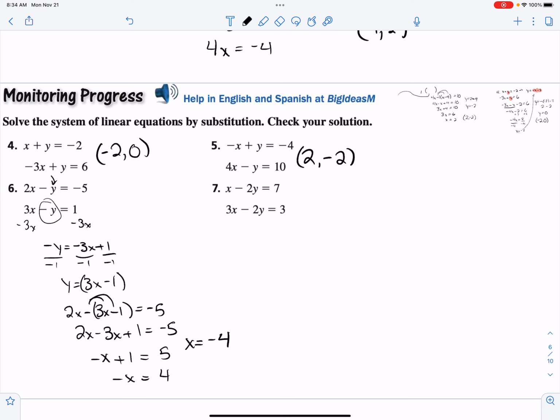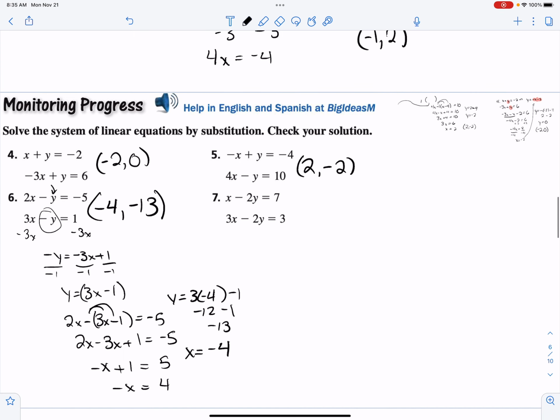We get x equals negative 4. We're going to plug that negative 4 in. So we get negative 4, comma negative 13. Again, pause, rewatch if you need to.